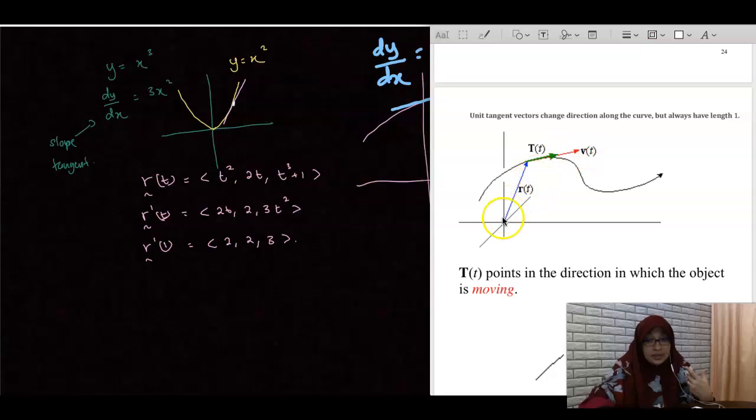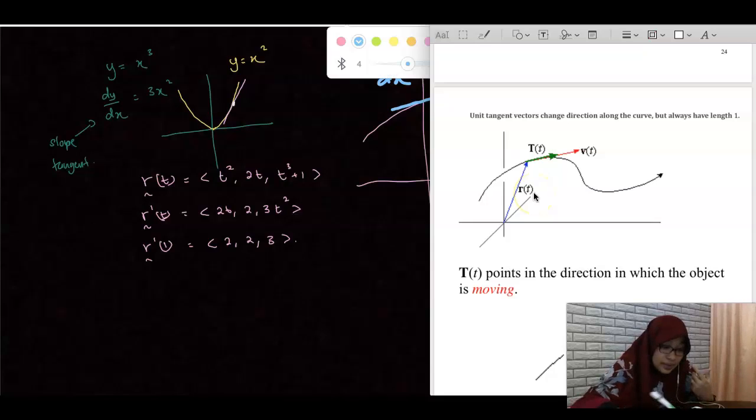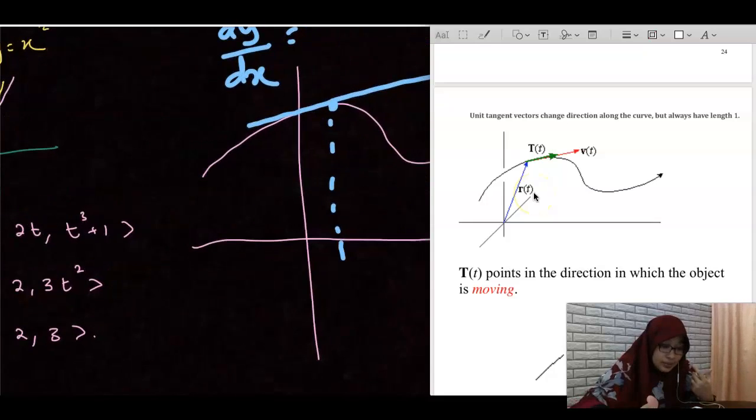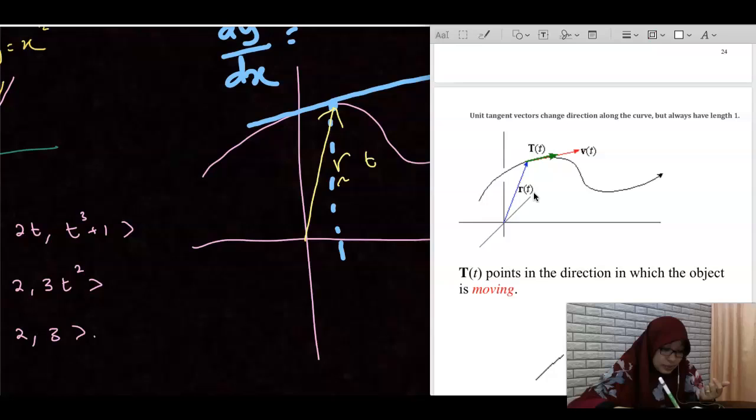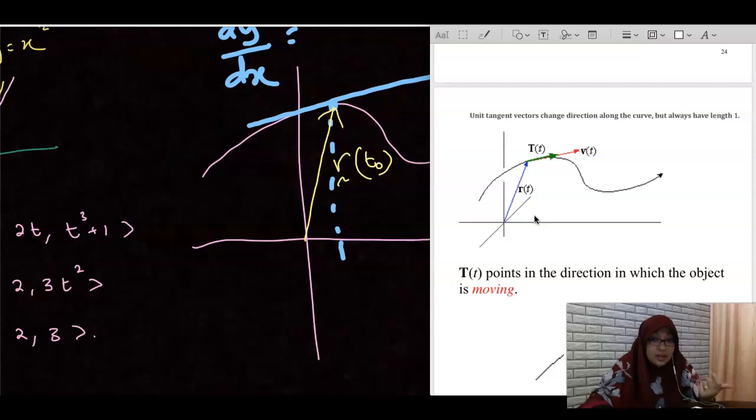And there is r here. r is a position vector. How can you label the position vector? It should be an arrow from the origin pointing to that point. So that is vector r at a specific t, and I put t naught here. That is the idea.